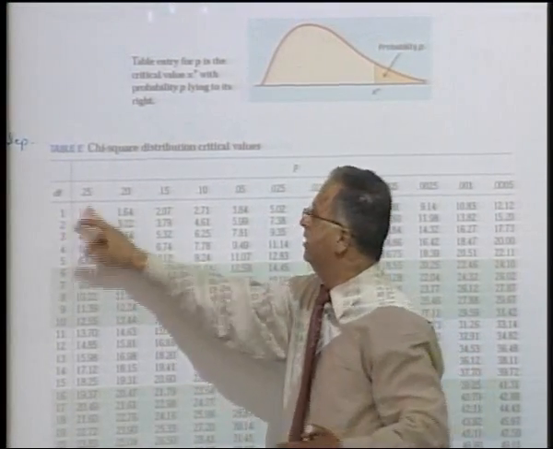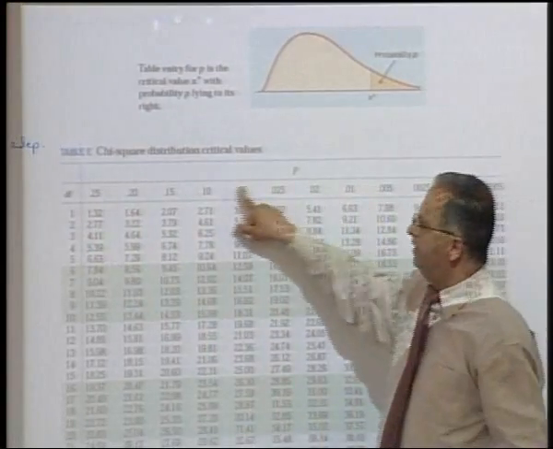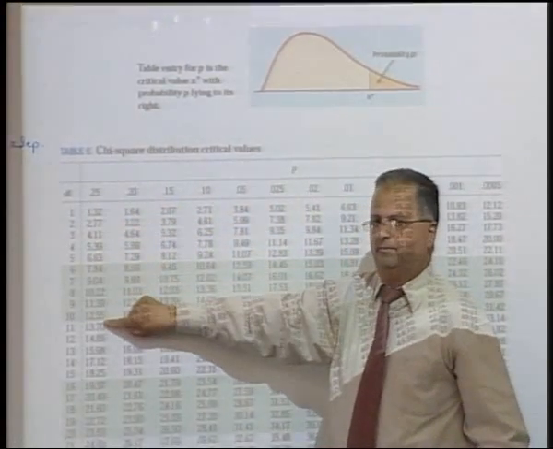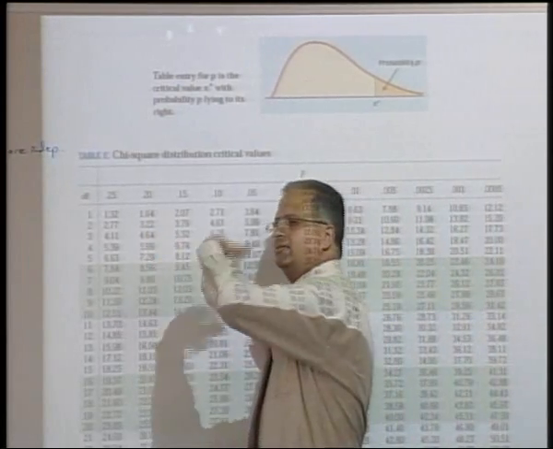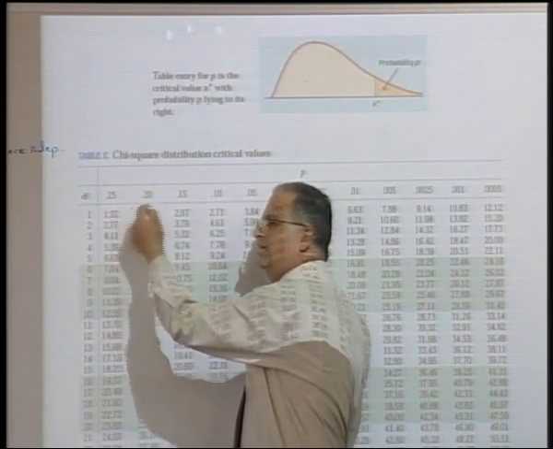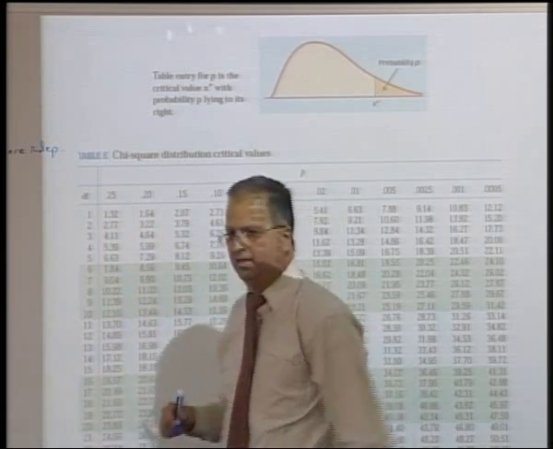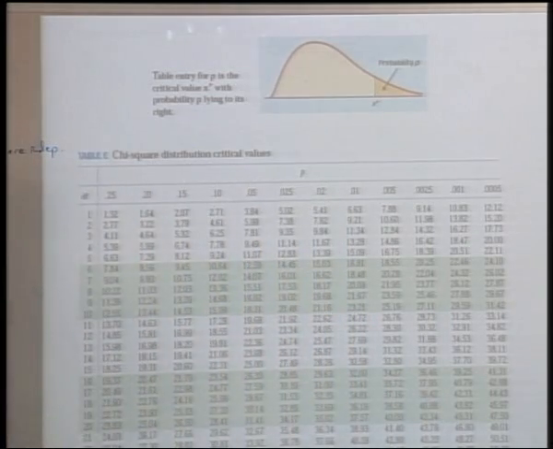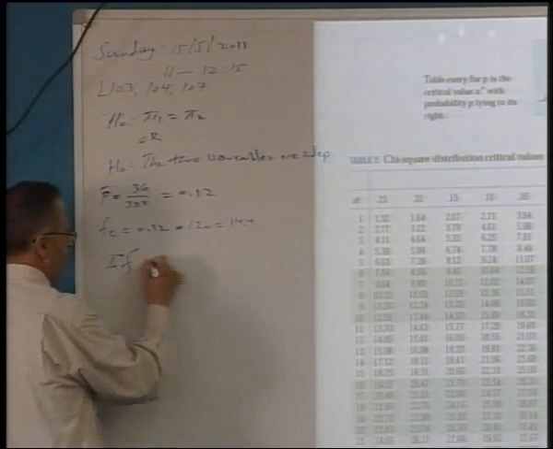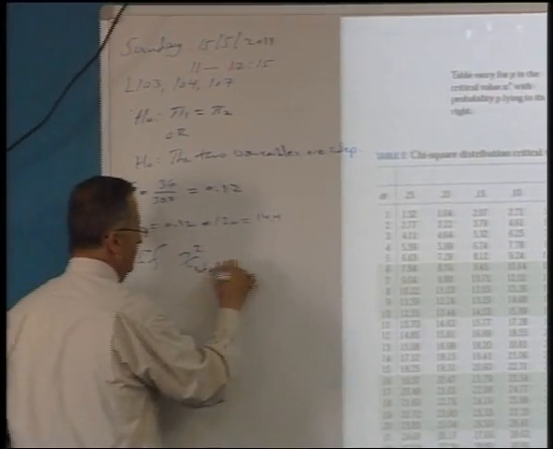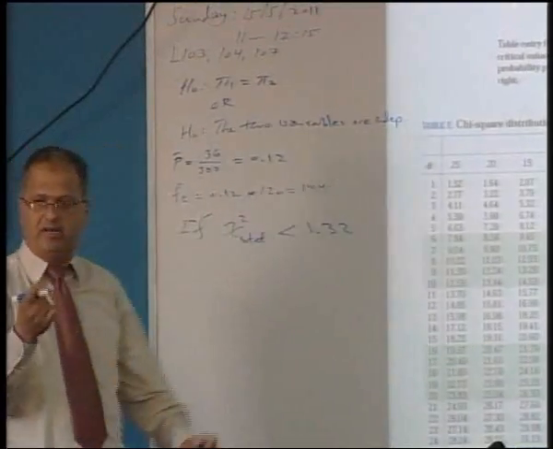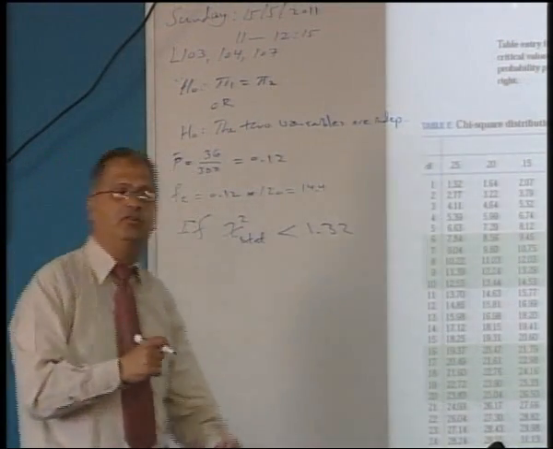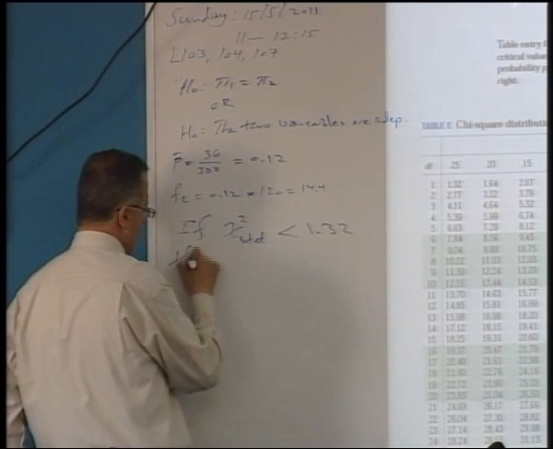It depends on the alpha you have, or degrees of freedom. But in the worst scenario, if your chi-square is smaller than this value, it means you don't reject the null hypothesis. So generally speaking, if the chi-square statistic is smaller than 1.32, which is a very small value, then we don't reject.